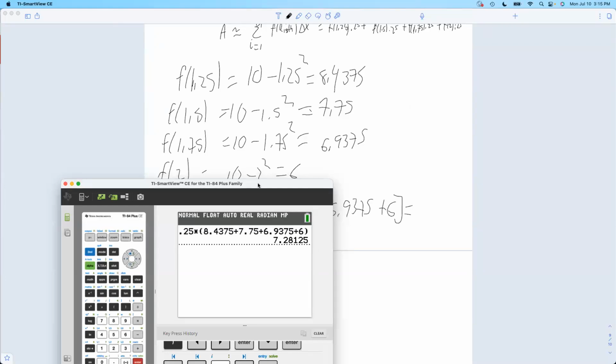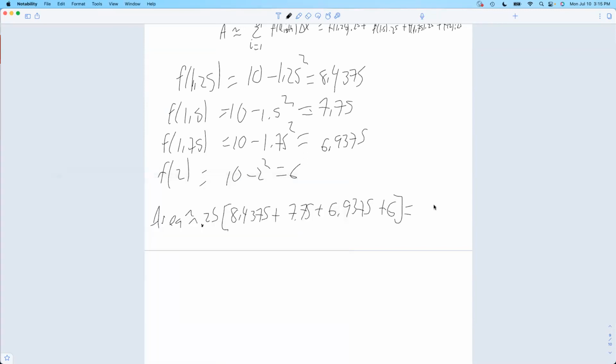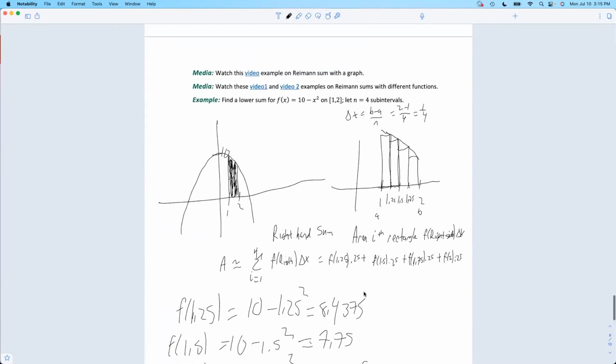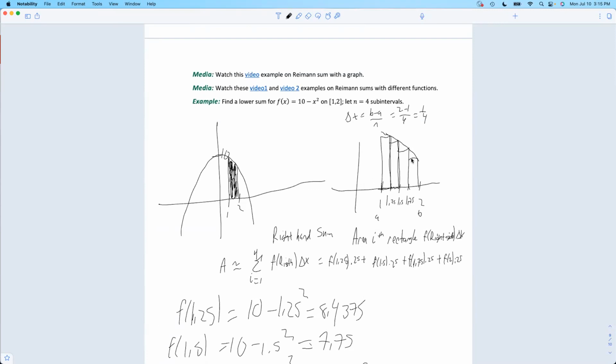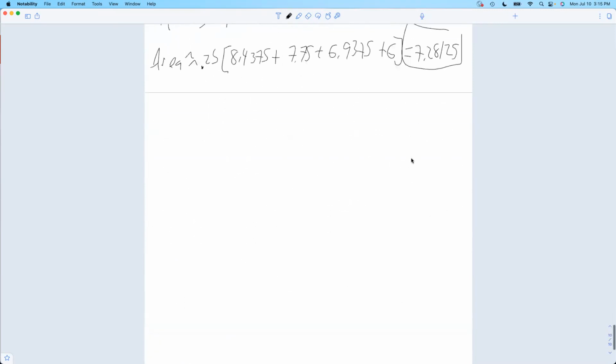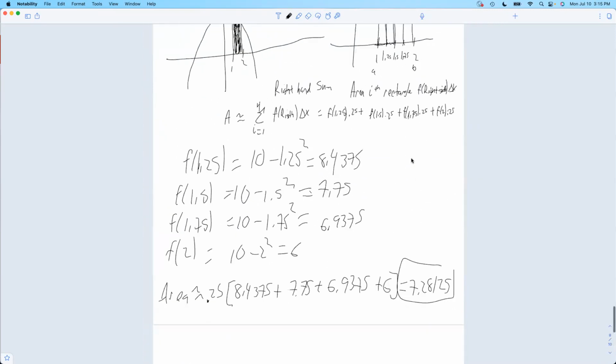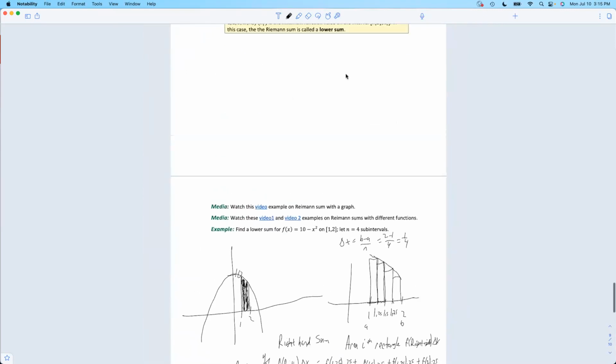So 7.28125 is our approximate area, and that would be a lower bound. The actual area has to be bigger than that because we underestimated on each of our rectangles. Okay, I think that's a good place to stop here.